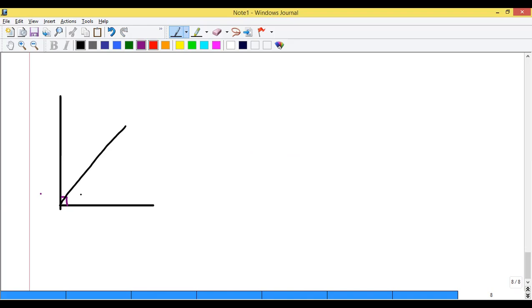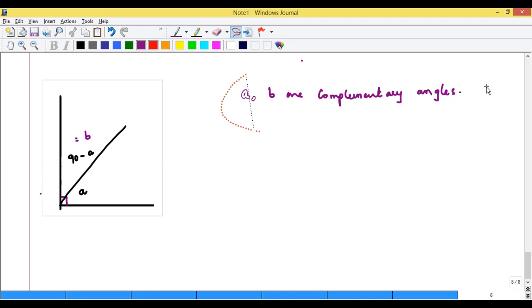Or else if this angle is A, what is another angle? 90 minus A. Let this be B. A, B are called complementary angles. What do you call them? Complementary angles, because A plus B is equals to how much? A plus B is equals to 90 degrees.